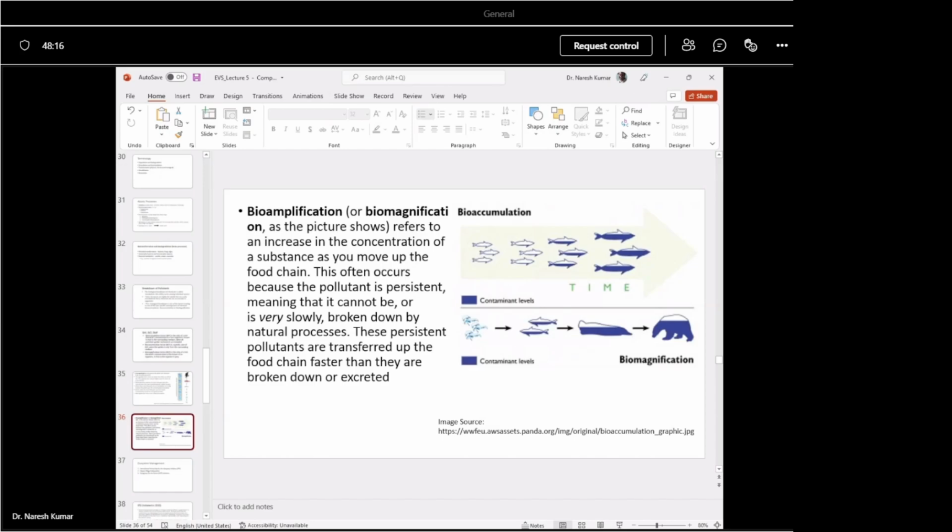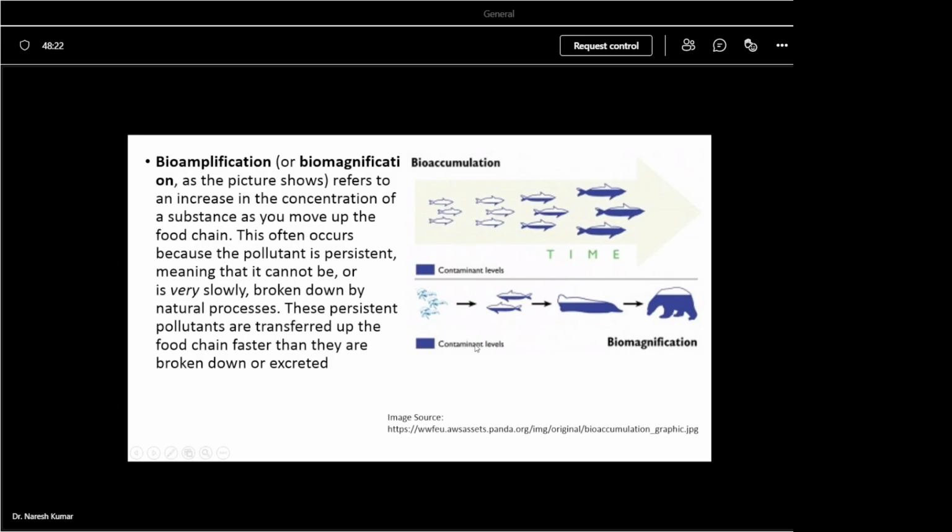Whether we call it bioamplification or biomagnification, they all mean the same. This is the movement of a pollutant from an aquatic system to a polar bear. This blue color is an example of a contaminant.